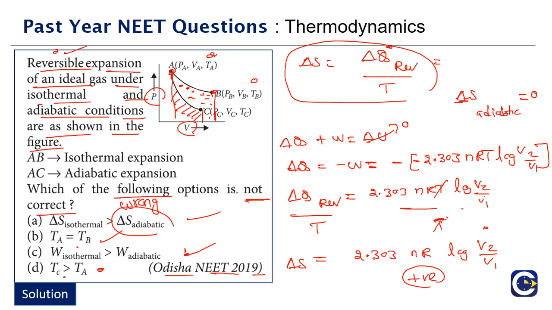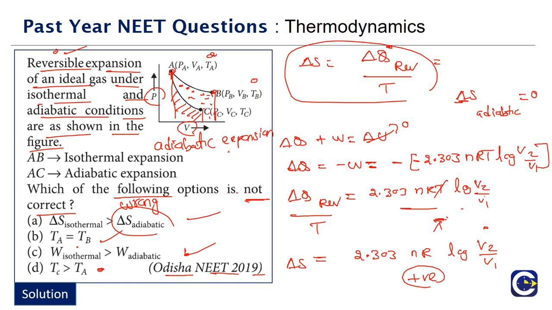What is option D saying? TC is more than TA. See, the AC process is adiabatic. In case of adiabatic expansion, volume is increasing. The heat exchange will not be there, and expansion means the gas has to do work.